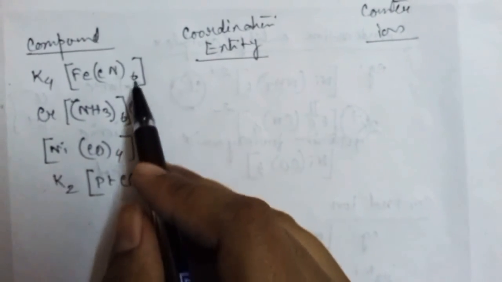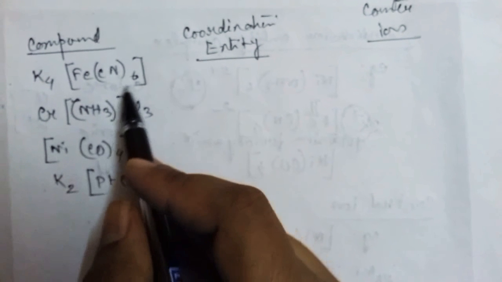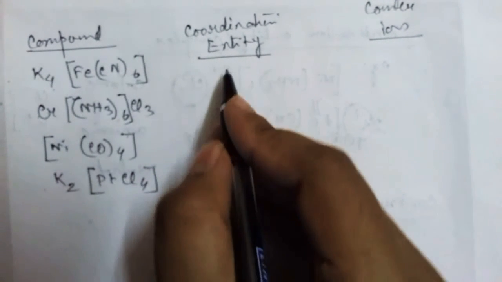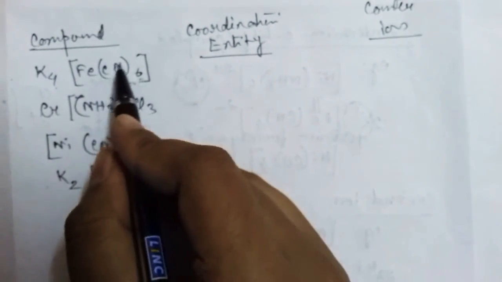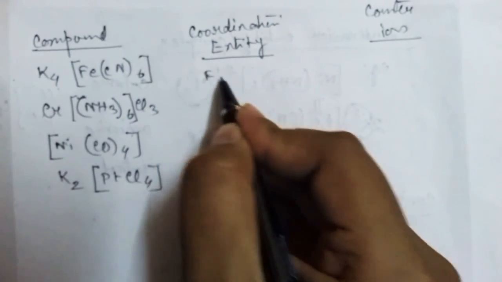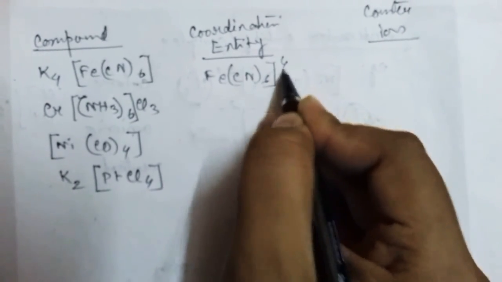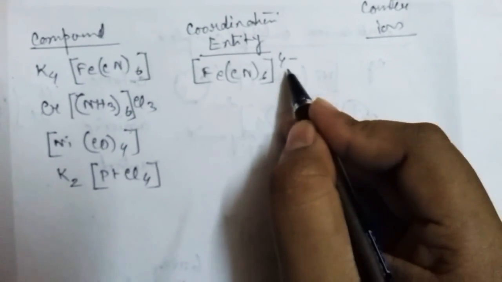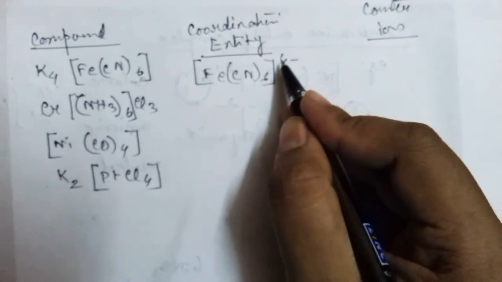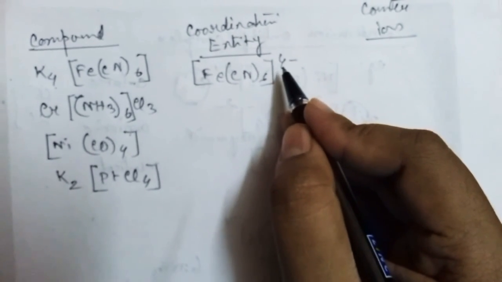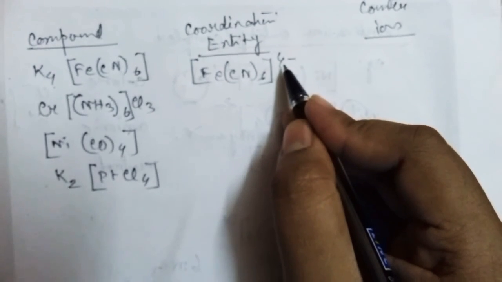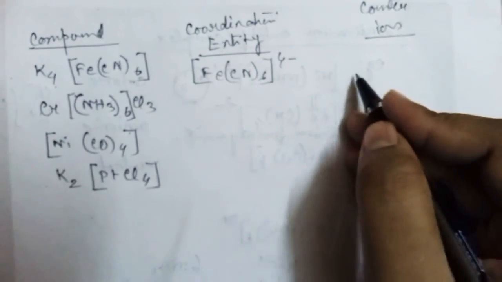Okay, so these are the things we have taught. So now we will have some examples just for exercise. So here K4[Fe(CN)6], that is potassium ferrocyanide. Here the coordination entity is [Fe(CN)6]4-. How the charge is calculated, there will be another video, and you will get the link in the description box. Obviously we will do it in the next video.